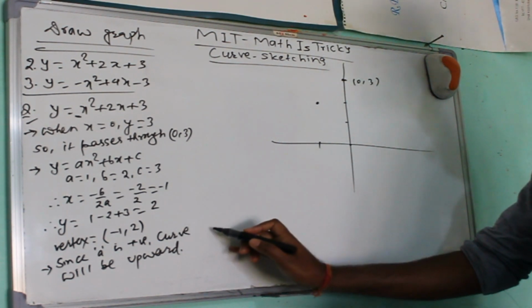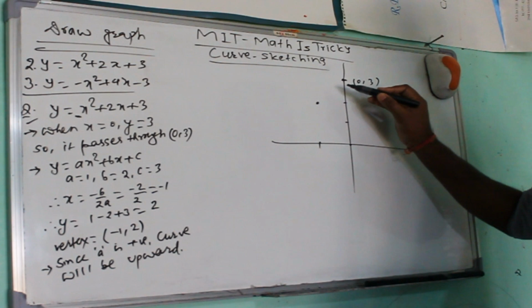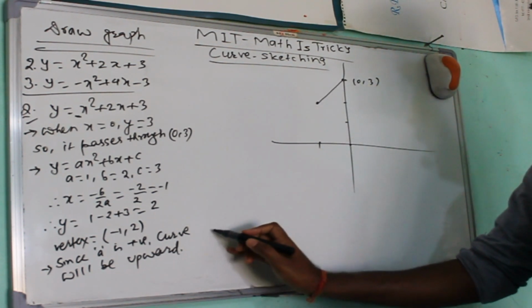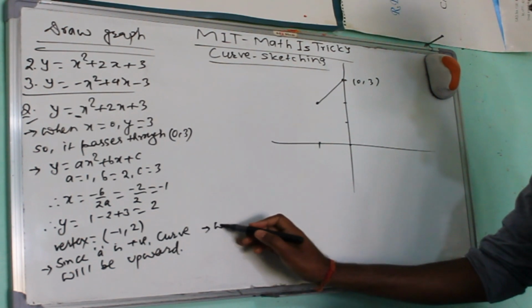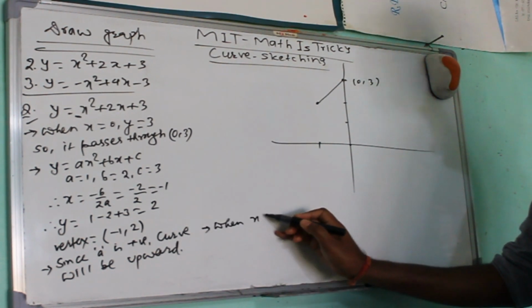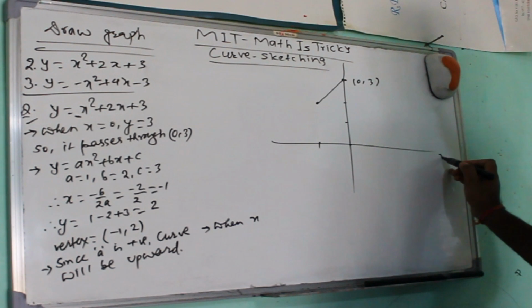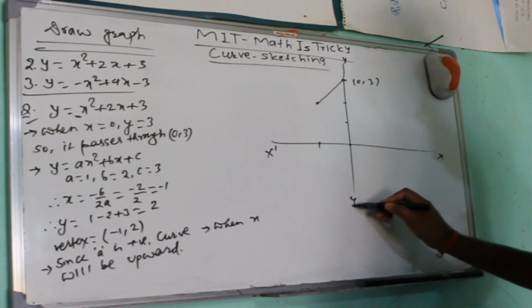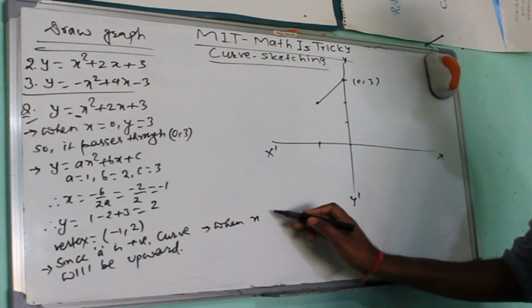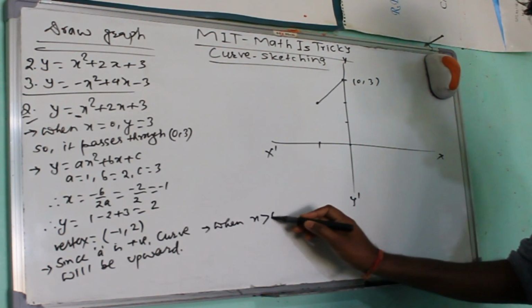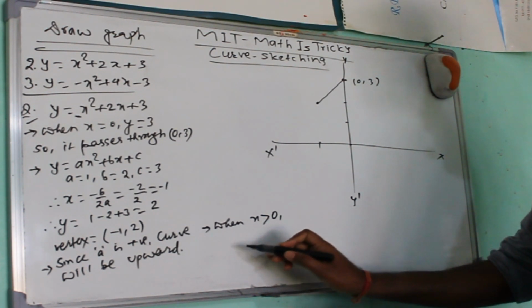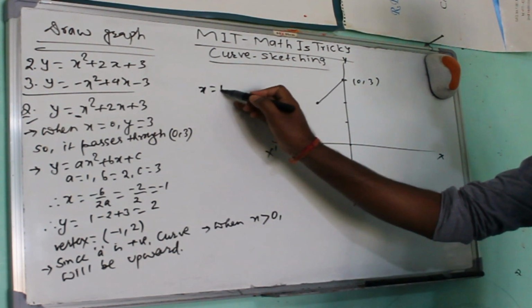So for that, look here, it is moving like this. Now let me take here, this is the x-axis, y dash. So when x is greater than 0, let's see what will happen. Suppose we take x equals 1.